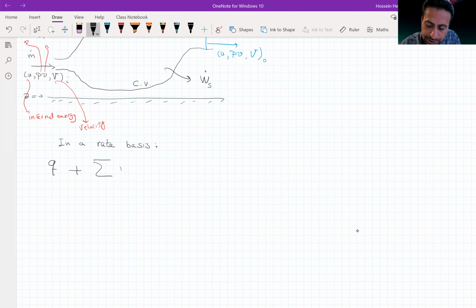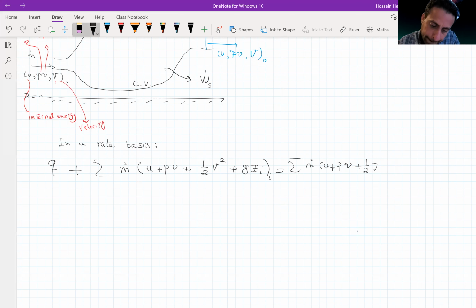So I can have this summation of m dot times internal energy, pressure times specific volume, plus kinetic energy and g z at the inlet. This is going to be equal to whatever energy is taken out of the system, which is sigma m dot times u plus pressure times specific volume, plus one half velocity squared, plus g z at the outlet, plus W dot S.